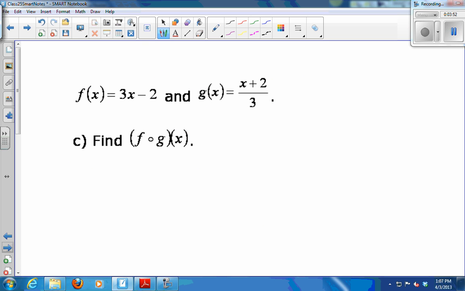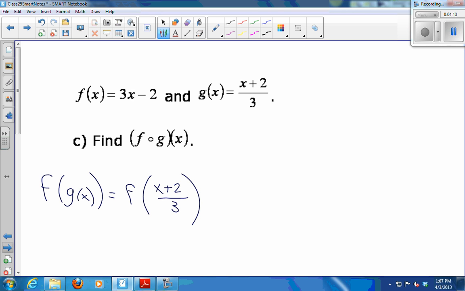Okay, so let's see if we can reverse the order of the machines. Have x go into g first and then into f. F of g of x. See if we can get a round trip this way. So now replace g of x with its formula, and I get f of x plus 2 over 3. So that means in my formula for f, I'm going to replace all the x's with x plus 2 over 3.